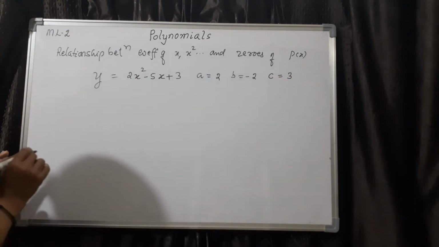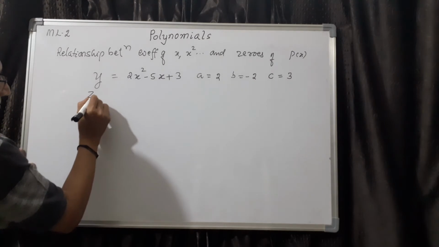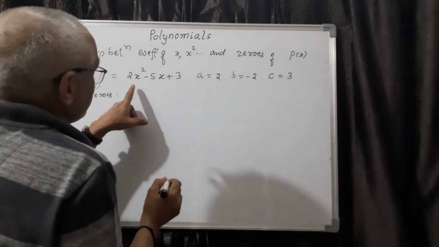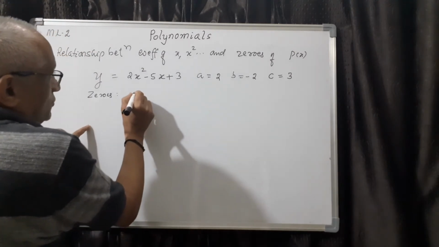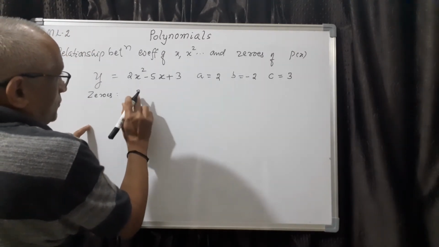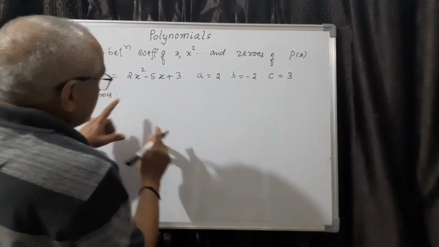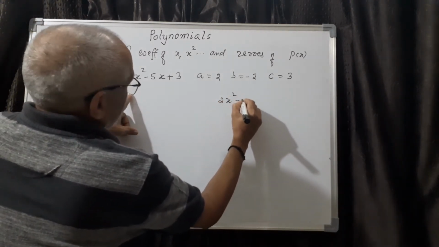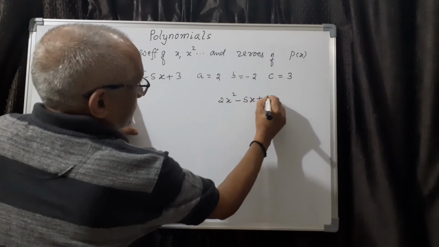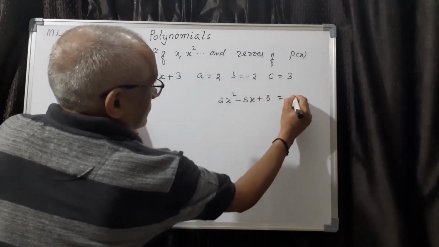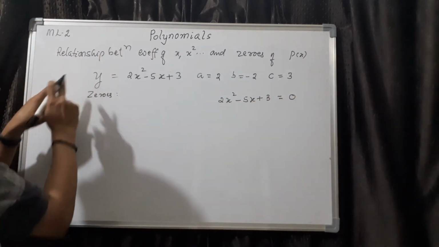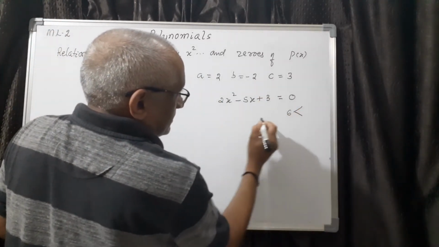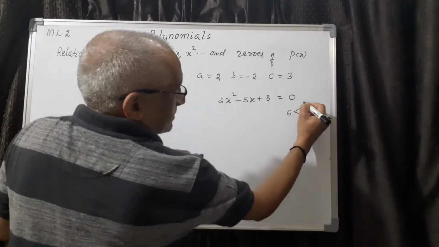Now first let us find the zeros. Even you can use the factorization method, 2x square minus 5x plus 3. Let us say this equal to 0, because we want to calculate the zeros. 3 into 2 is 6, and 6 should be divided so that it should be minus 5.